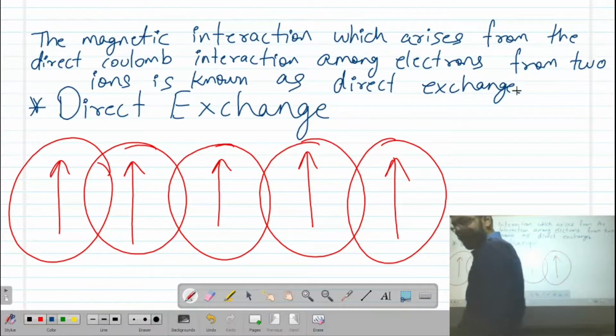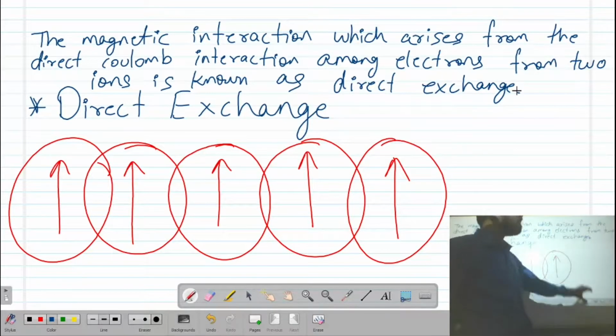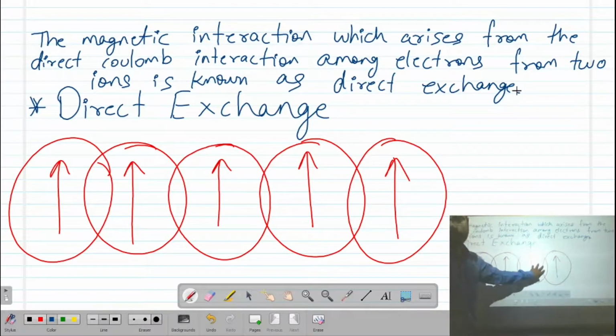When two magnetic ions have interaction between each other due to the Coulombic interaction, means a simple normal interaction between each other due to the electrons present in the outermost orbit, that is known as direct exchange, right?